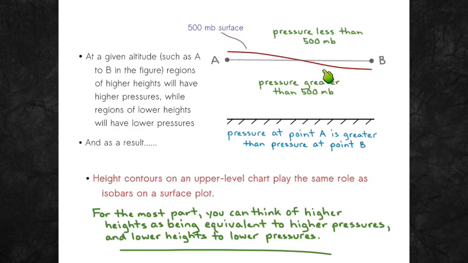And when the surface is lower, closer to sea level, than along your horizontal line, that's going to translate into lower pressure. So we're taking information about height on the pressure surface and translating it into pressure along a horizontal line at fixed height. And when you do that, you find that places where you have higher heights translate into higher pressure, places where you have lower heights of the surface translate into lower pressure. And so it plays the same role as the isobars did when looking at a sea level pressure map.